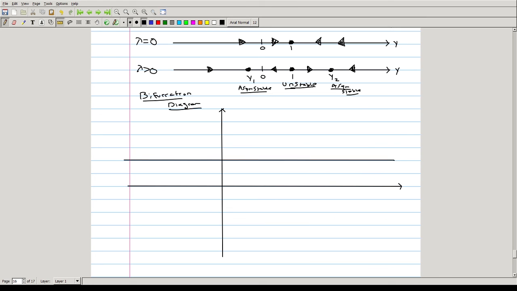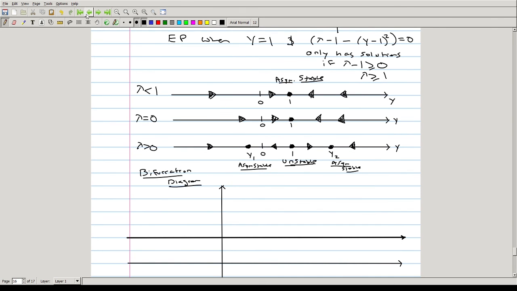So we always have a critical value here at y equals 1. Oops, sorry, and I wrote lambda equals 0 here, but I should have written lambda equals 1.